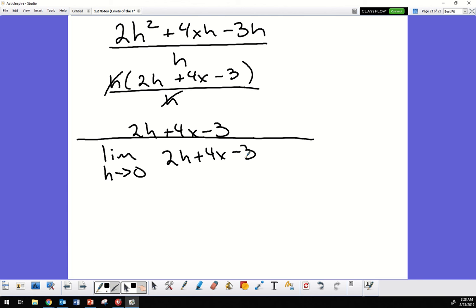As h approaches 0, what do I get? 0. We get 4x minus 3. So this is 4x minus 3.